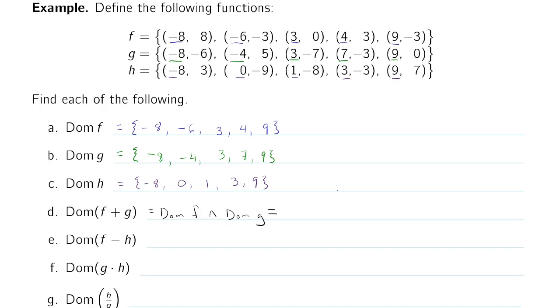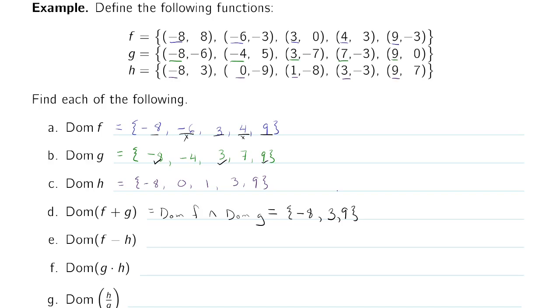So I'm going to go through the domain of f and see what's also in the domain of g. -8 is also in the domain of g, so that's in the intersection. -6 is not in the domain of g, so that's not in the intersection. 3 is also in the domain of g, so that's in the intersection. 4 is not in the domain of g, so that's not in the intersection. 9 is also in the domain of g, so that's in the intersection.